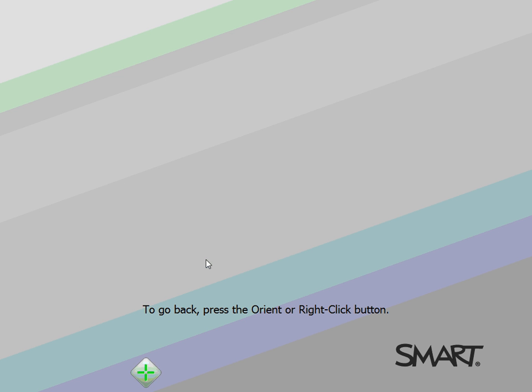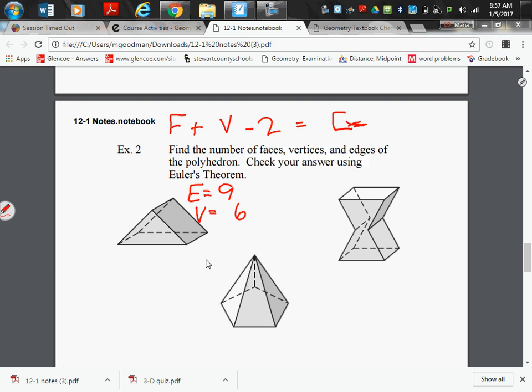Faces plus vertices minus 2 equals edges. So we have 2 pieces, so we can set up an equation. We need faces plus, we have vertices, minus 2 equals edges.